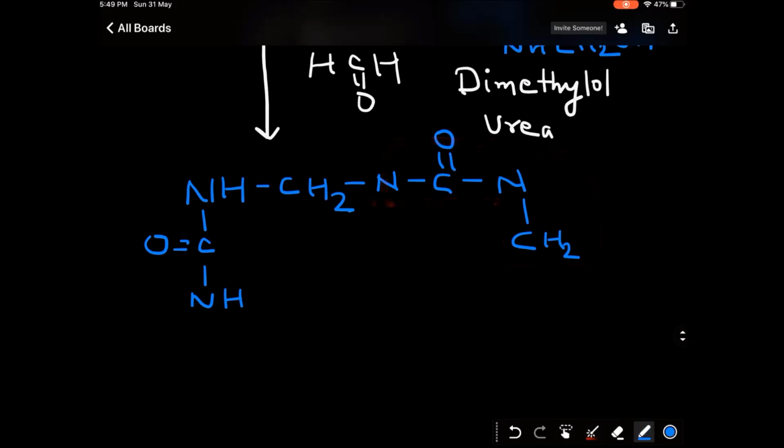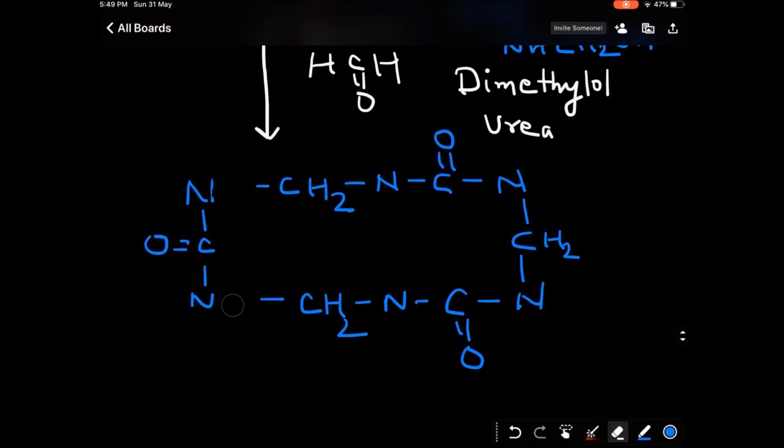Right, further we have nitrogen, C double bond O, N, CH2 and complete this ring. So this is a network structure. Now we can remove hydrogens and show how the network structure extends.